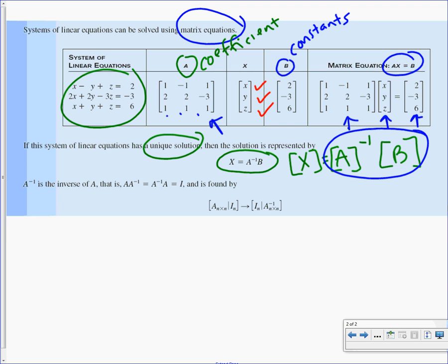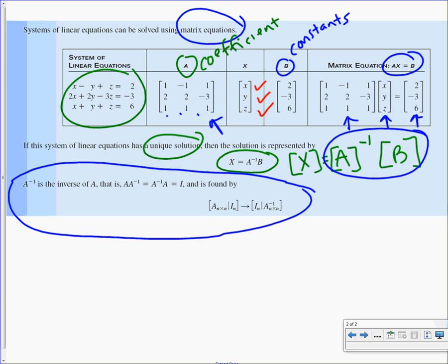Okay, so the key here, don't write this stuff down. The key here is that this only works if your system is consistent and independent. If you have a scenario where you have no solution or infinitely many solutions, you're going to run into a problem. And the problem is that not every matrix has an inverse.